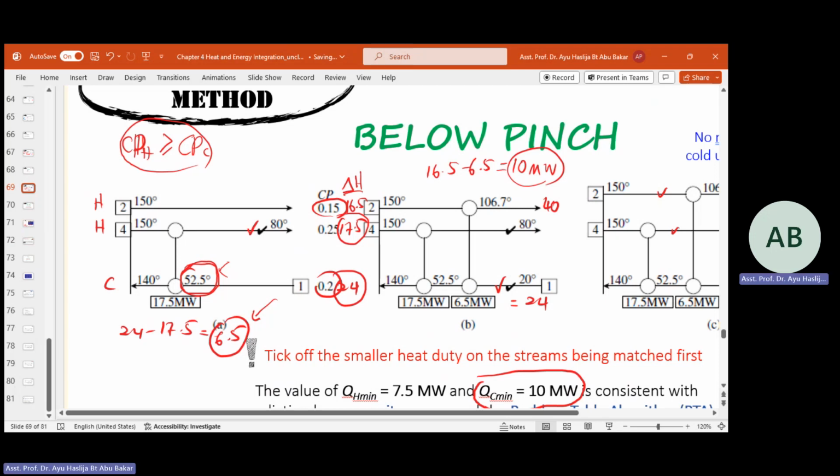How do you know it is 52.5, not 50, not 100? Stream 1 from 20 to T target is below pinch, 140. How do you know?